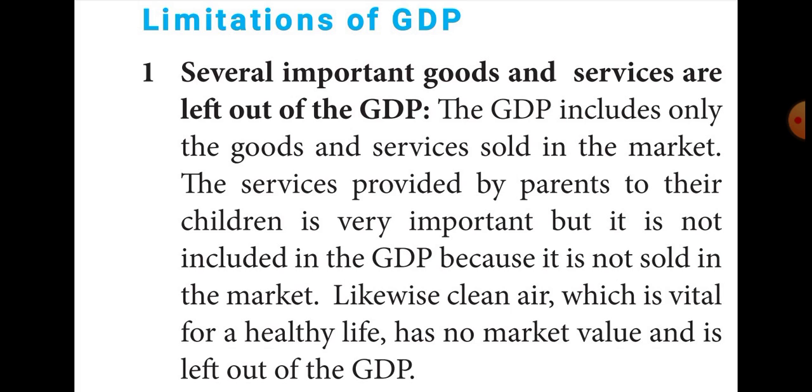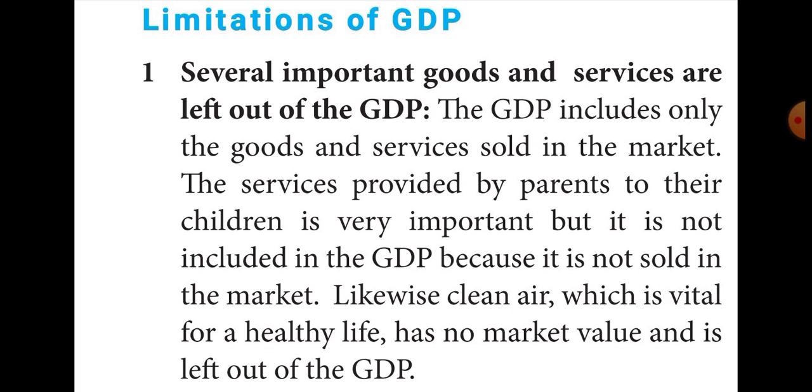Then the last limitation is that GDP does not tell us about the kind of life people are living, the living standard of people. The GDP does not tell the details. Okay, these are the limitations of GDP.